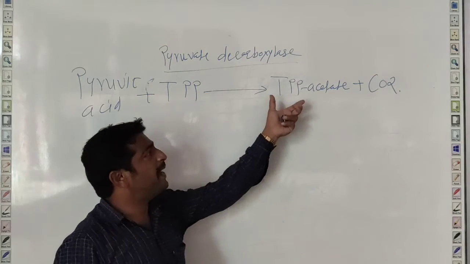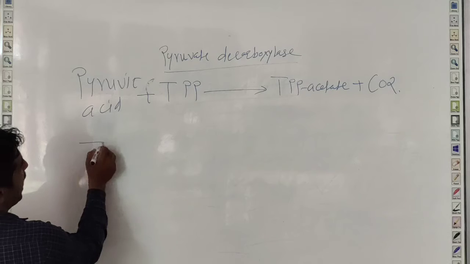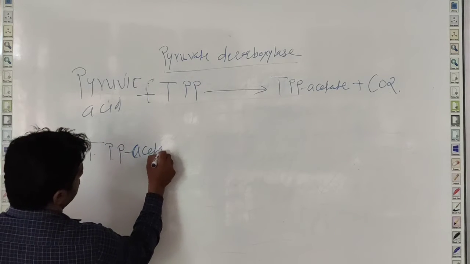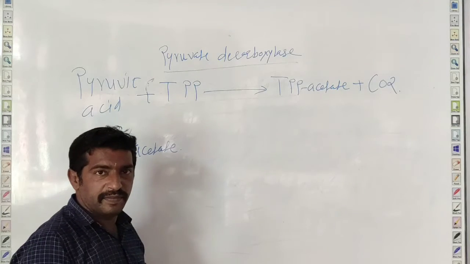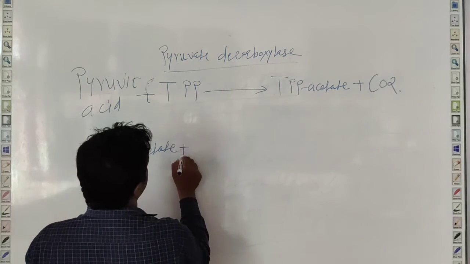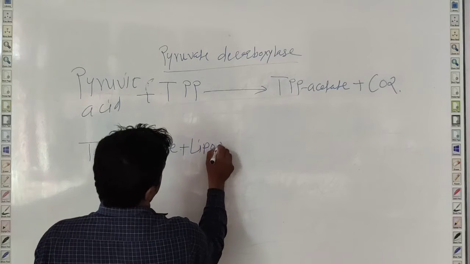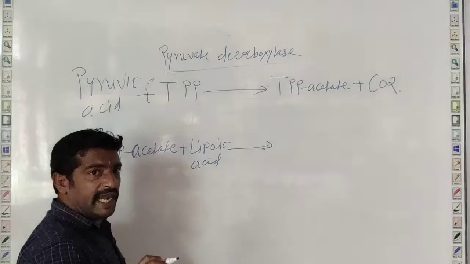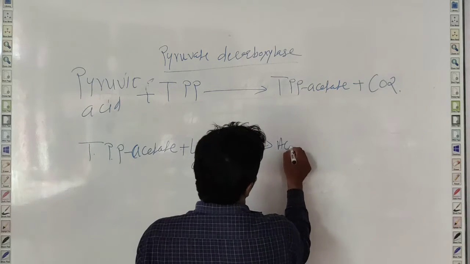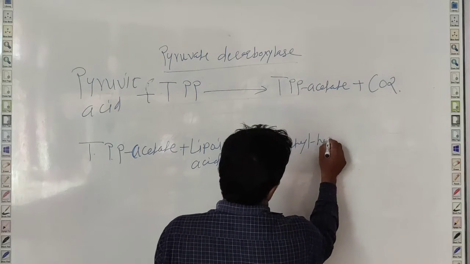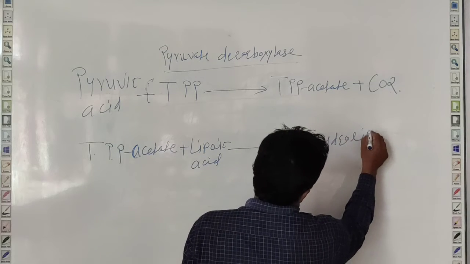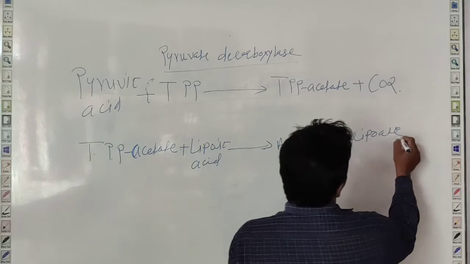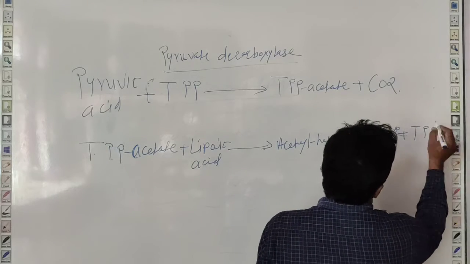Now this TPP acetate reacts with the second cofactor, that is the lipoic acid, and here acetyl hydrolipoate is formed with the release of TPP.